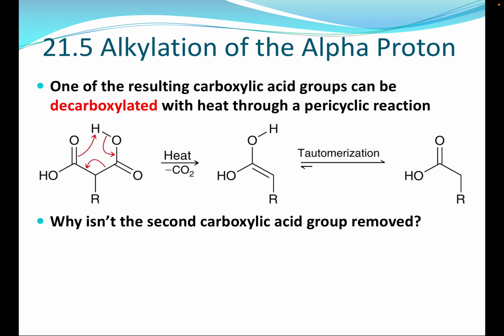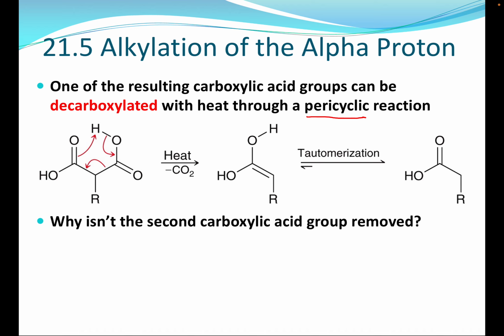So once we have our dicarboxylic acid, our molecule can do this reaction that we see here. This is a type of reaction that we're going to go back and cover in chapter 16 called a pericyclic reaction. And that's where bonds within a molecule react in a cyclic way to rearrange the molecule is one way to think about it.